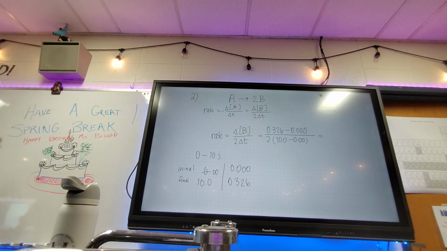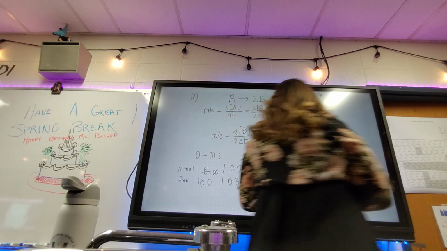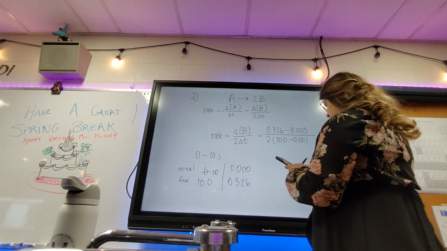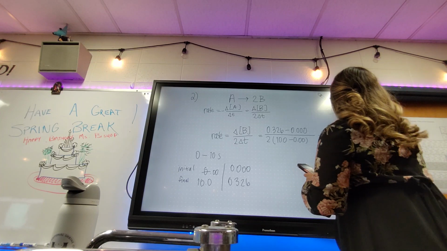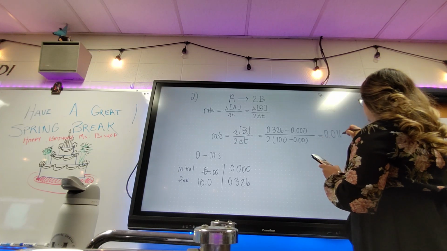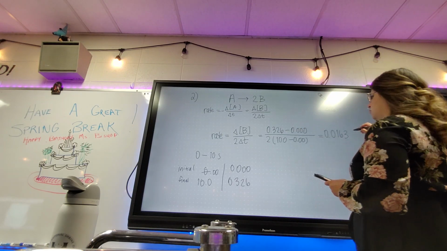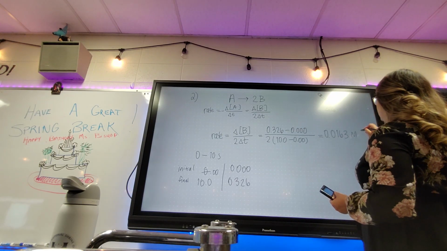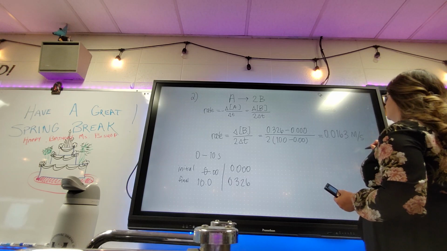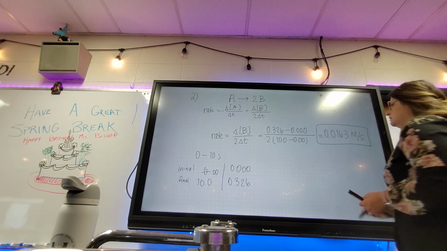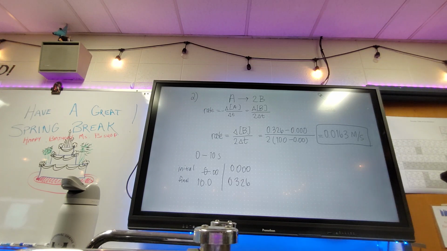So if you get a negative number here, it means that you've done something wrong. All right, so 0.326 divided by 20, you should get 0.0163. That looks okay. What's my unit? Your unit's always going to be molarity per second. If you miss your unit, I will take points off. So that's the answer for the first of the rates.